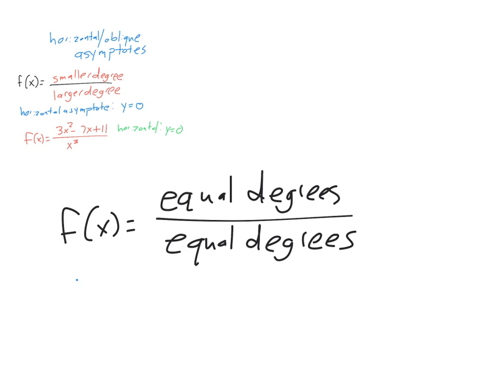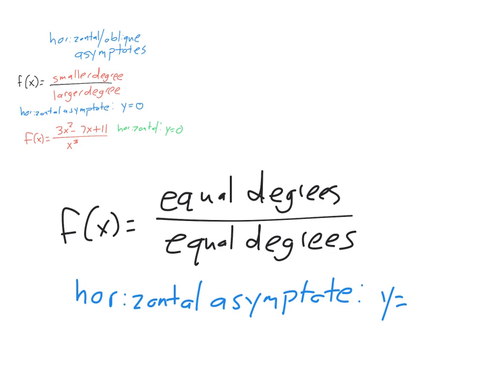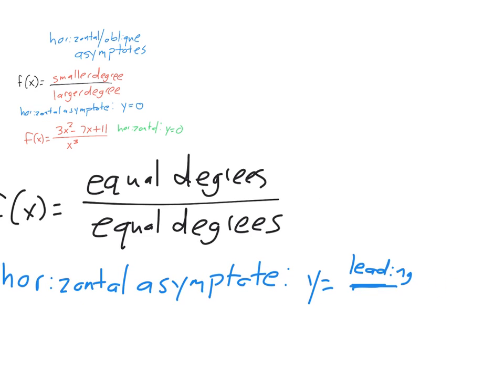When that happens, it's going to be a horizontal asymptote, and it occurs at y equals the leading coefficient of the numerator over the leading coefficient of the denominator.